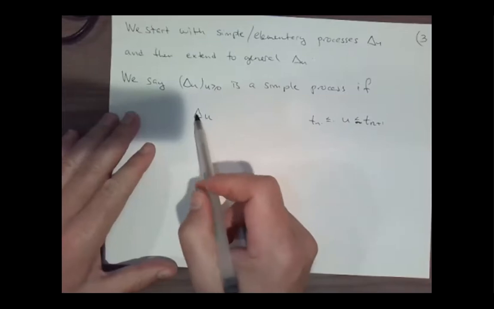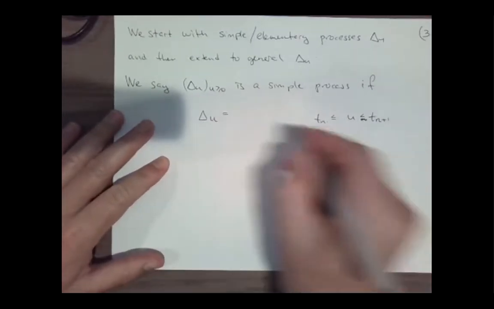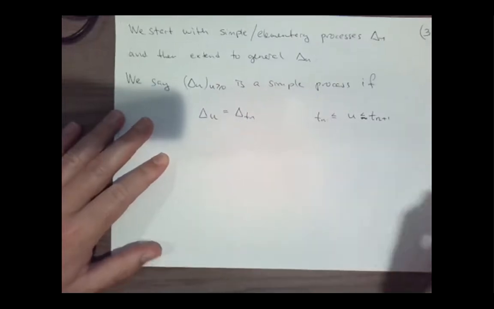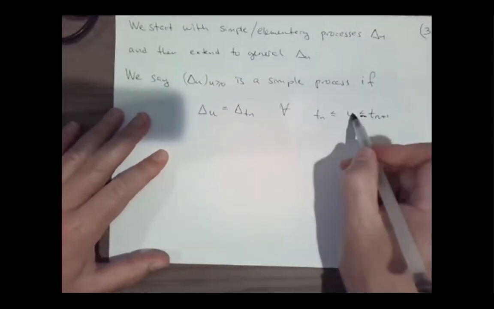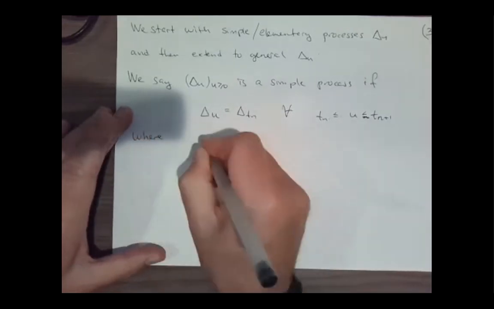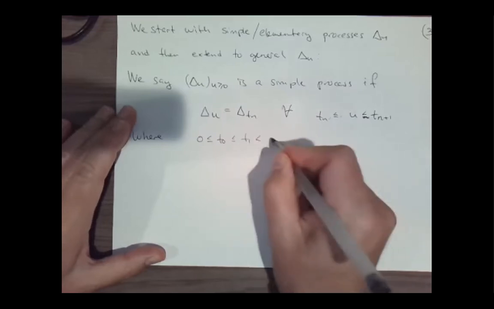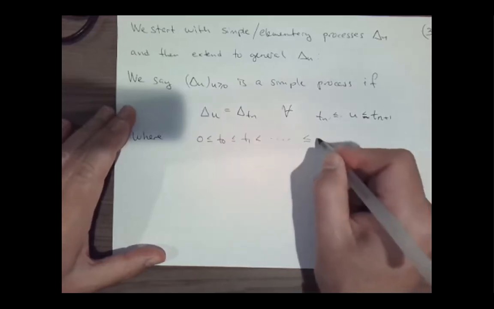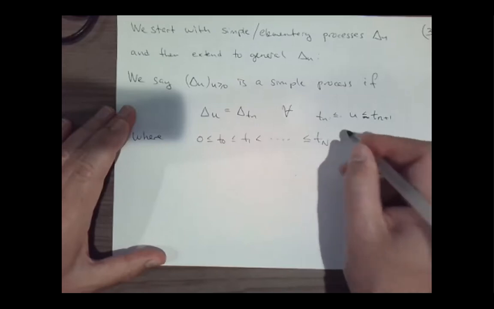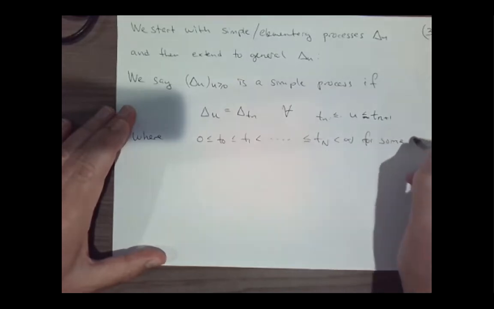So if delta U is equal to delta Tn for all U between Tn and Tn plus 1, where T0 is less than T1, less than Tn, less than infinity, for some n in the natural numbers.